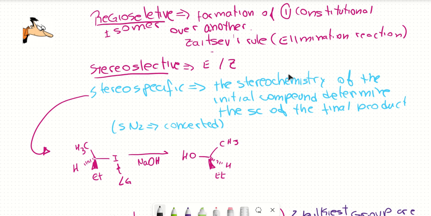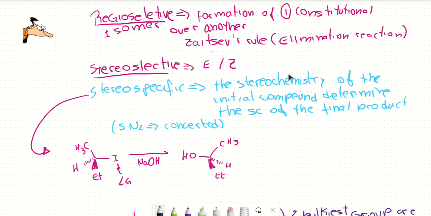And for stereoselective, think about E and Z. Stereoselective is when we're going to have E and Z, and we look at which one is the major.